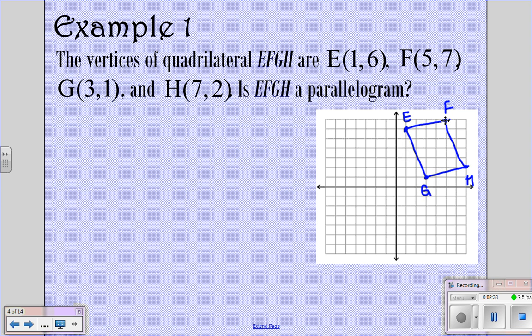And so that's going to be our parallelogram, or that's our quadrilateral. And we want to figure out, is it a parallelogram?